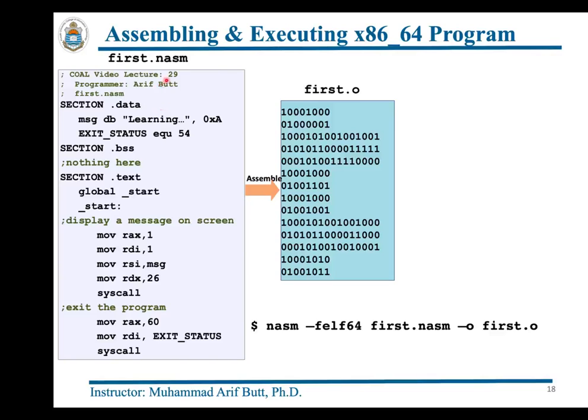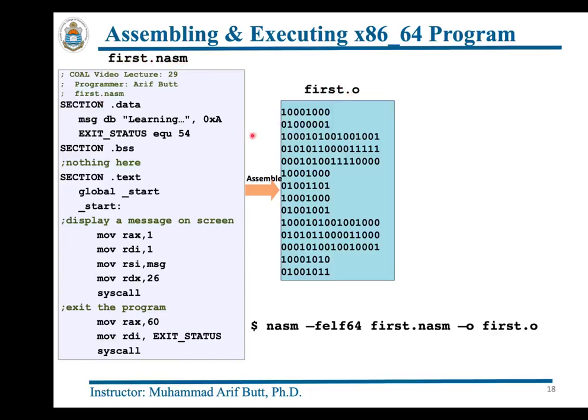Okay, so first.nasm is the source file whose name is given over here, and this -o option tells the assembler nasm to generate the object file with the name of first.o. So after -o, whatever file name you give, the output file will be generated with the same name. So you can give any name. If you do not give this -o option, the default is normally the name of the file with .o extension. So first.o.